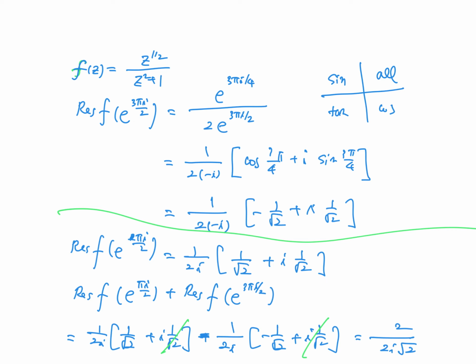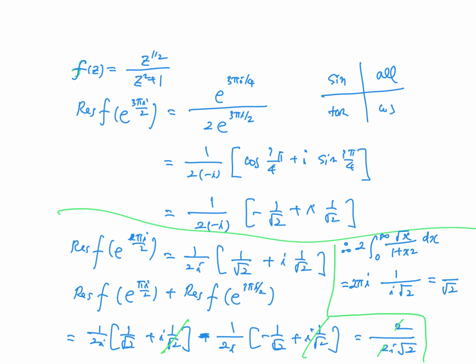So let's have a space, I can finish. So twice of this is 2 pi i times this, and the 2 cancels. 1 over i square root of 2. So this is square root of 2 pi.